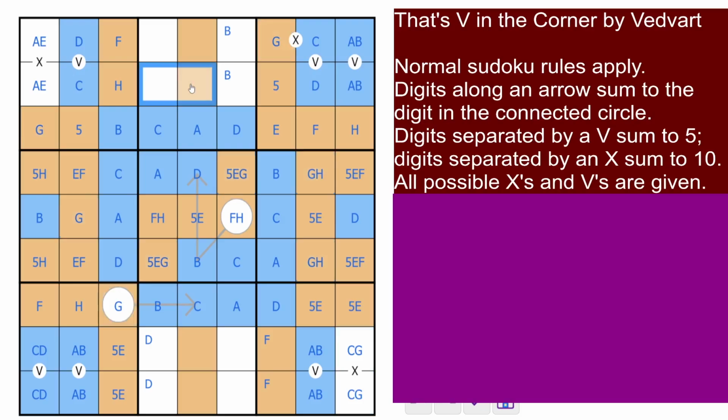Because now G has to be here, but it can't be here. So G is one of these two. F is not here. F cannot be here. F is one of these two. So that becomes an FG pair, isn't it? Yeah, that's an FG pair.